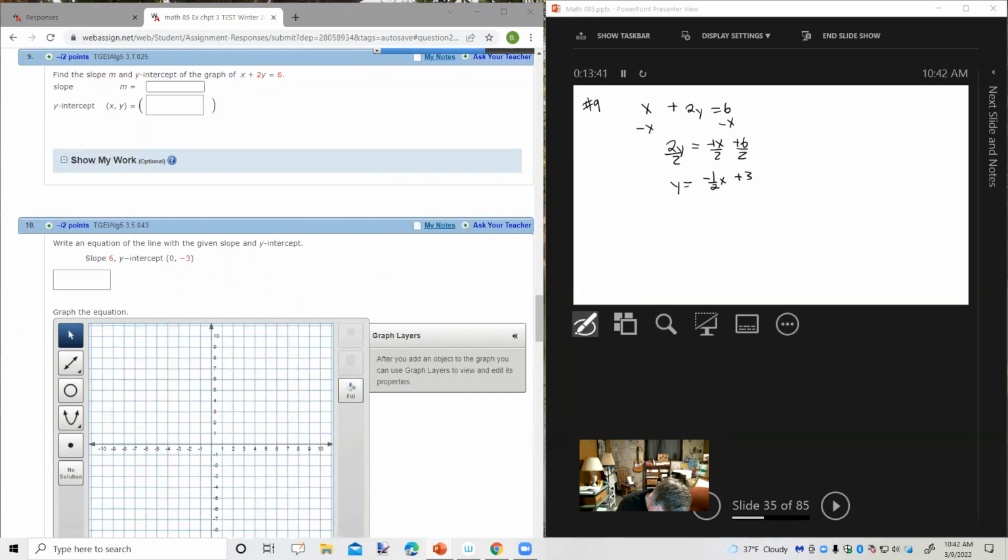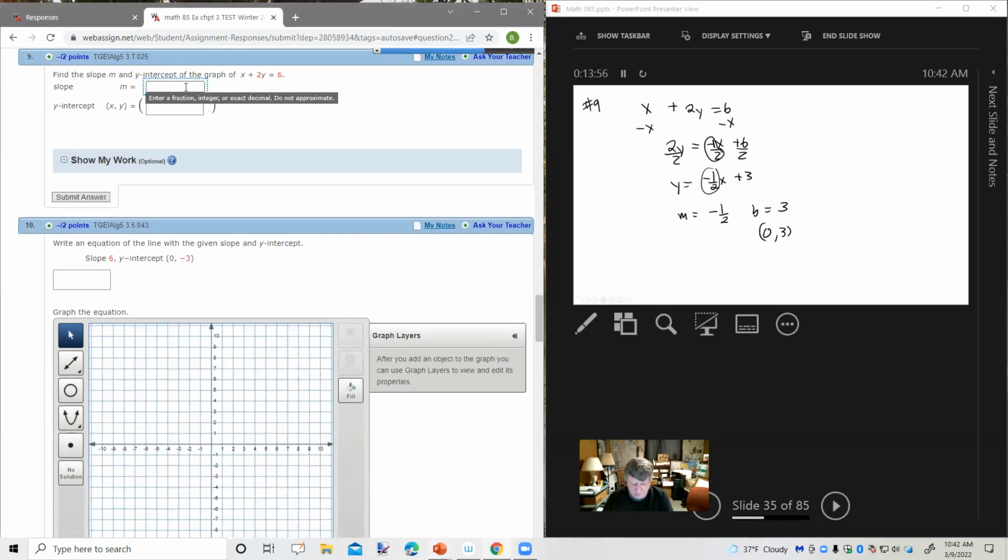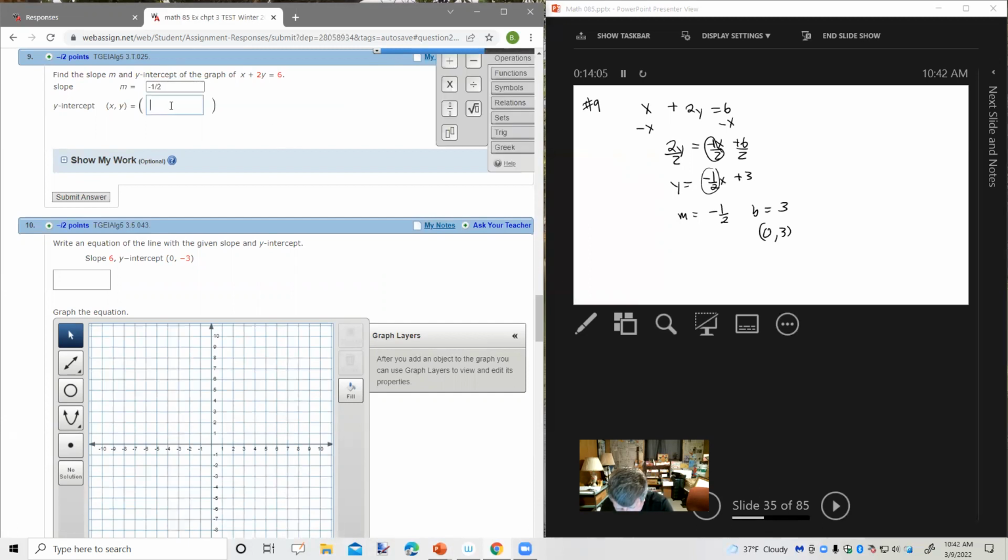Don't forget there's an implied 1 there, so that's where I got that -1/2. So the slope is -1/2, and the y-intercept is 3. Now, as an ordered pair, the y-intercept would be (0, 3).